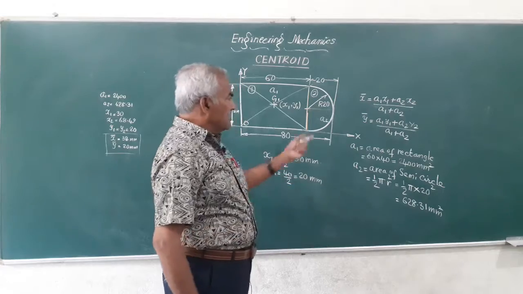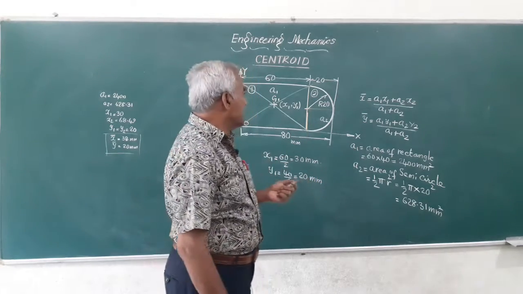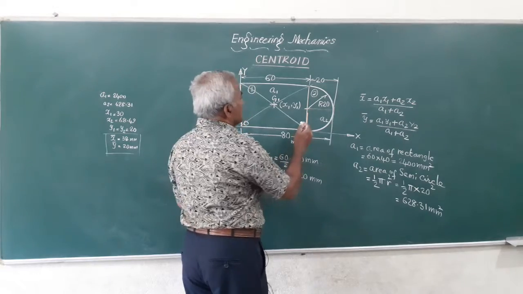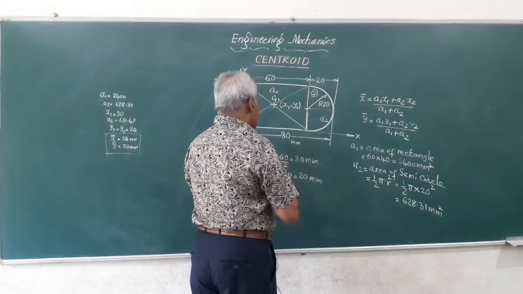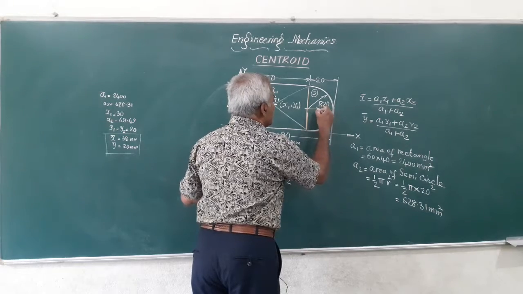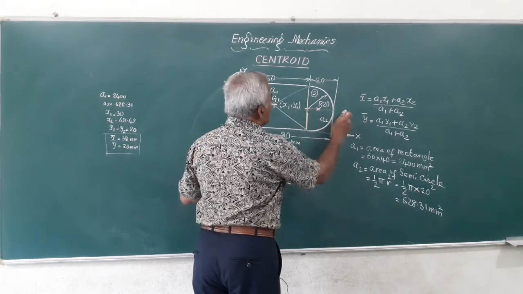Likewise, friends, let us move on to the second figure, which is a semicircle. You know very well, friends, the centroid of this semicircle lies here, because it is symmetrical about this line.